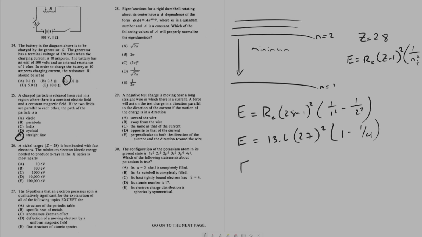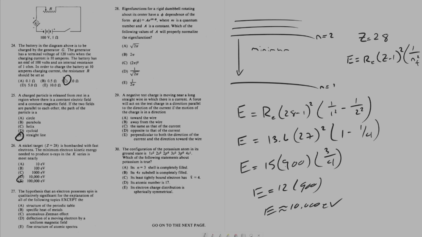Just doing some rounding because it's asking for nearly, I can just take that up to 15. 27 squared is about 900. 1 minus a quarter is 3/4. Doing that, that's roughly 12 times 900, which is roughly 10,000. These are all electron volts. Looking there, our answer is D.